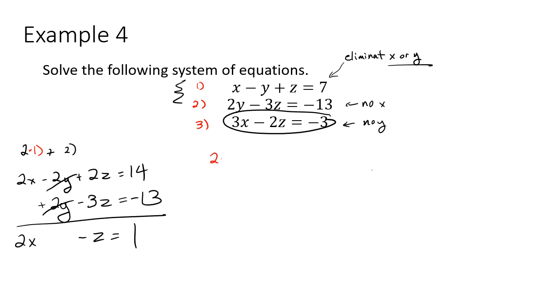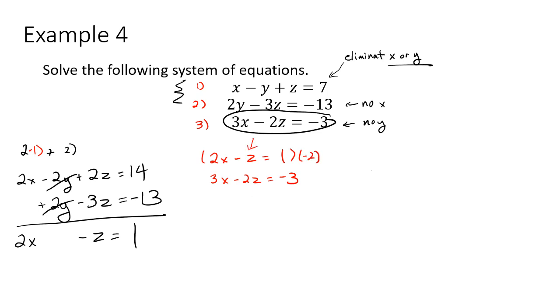So we're going to have a 2x minus z is equal to 1, and a 3x minus 2z is equal to negative 3. Now I need to eliminate one of these variables. I'm going to focus on the z because it has a nice coefficient of 1 here. So I'm going to multiply that by negative 2 so that I can cancel out the negative 2 at the bottom.